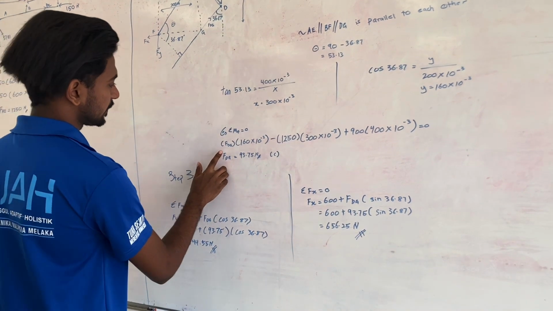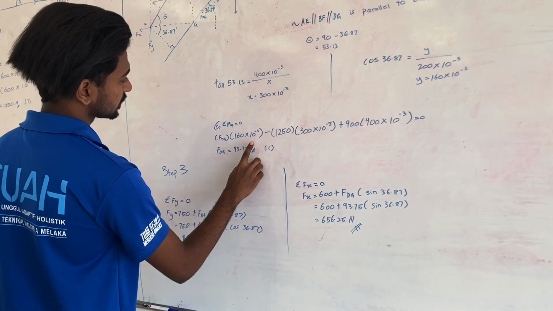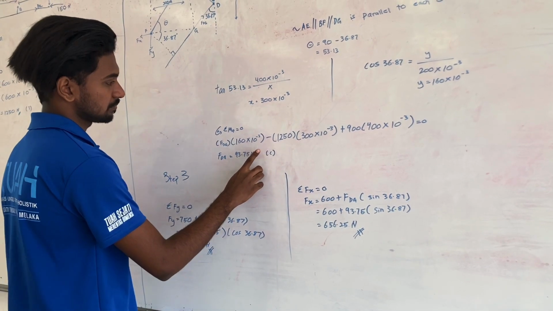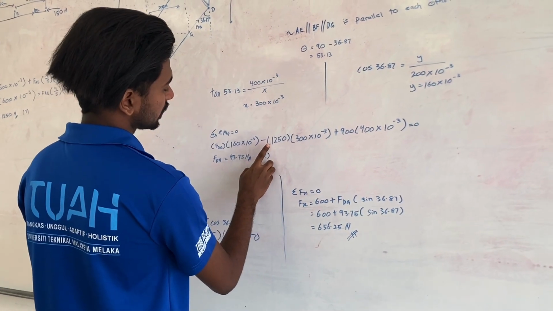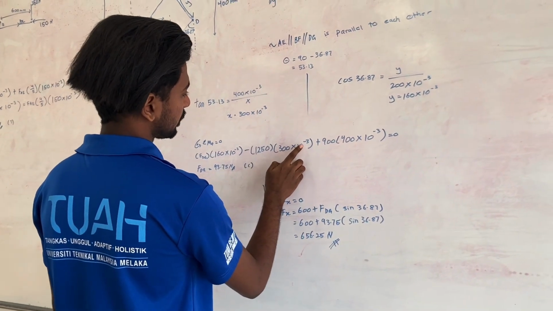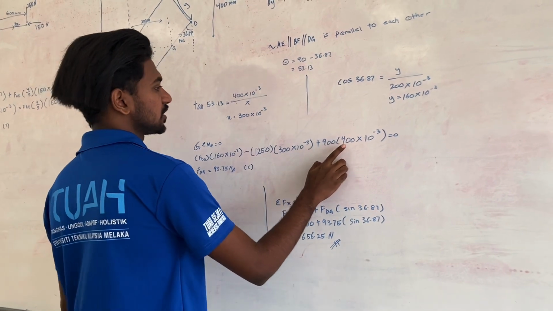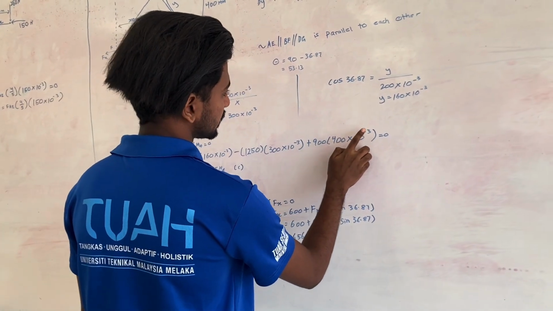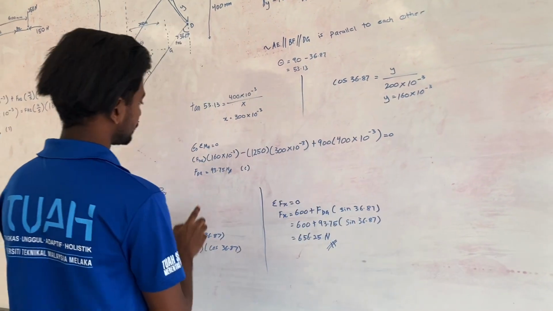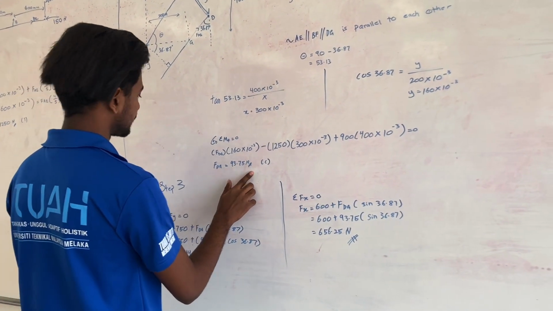So bracket FDG bracket 160 times 10 power of negative 3 minus bracket 1250 bracket 300 times 10 power of negative 3 plus 900 bracket 400 times 10 power of negative 3, we got 0. So FDG, we got 93.75 Newton.